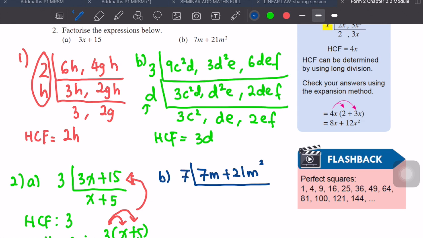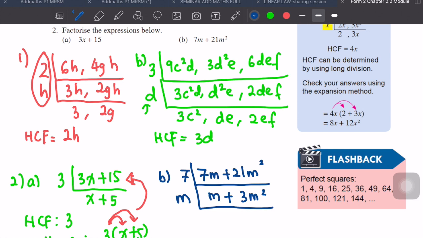So 7m divided by 7, you will get m plus, okay, 21 divided by 7 is 3m square. Then, okay, tengok lagi ada tak yang sama? M plus 3m square. So the common thing is m. So you can divide by m.